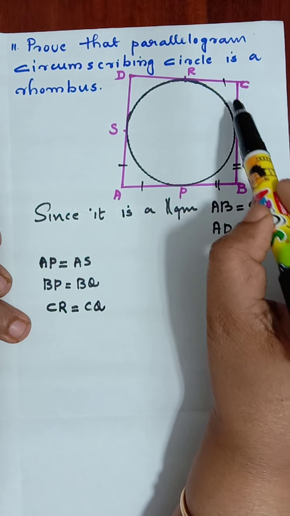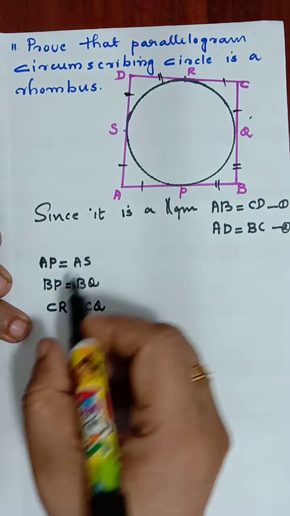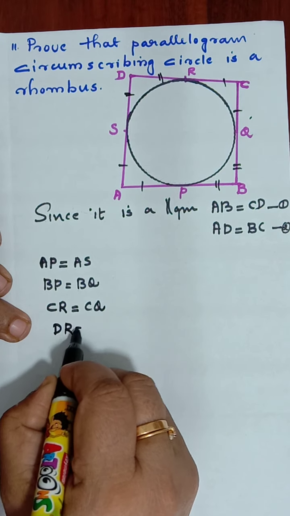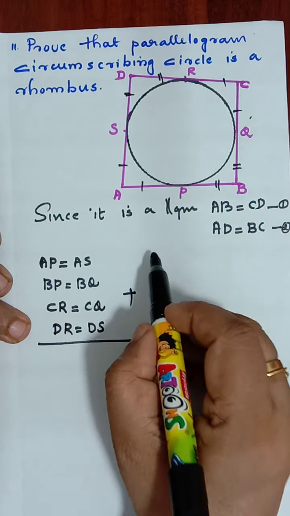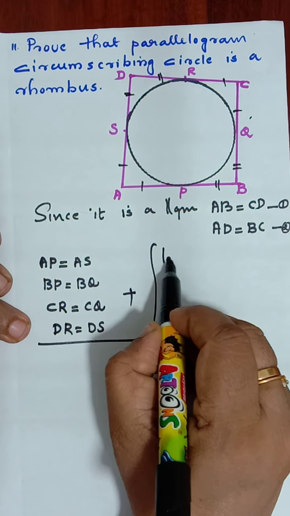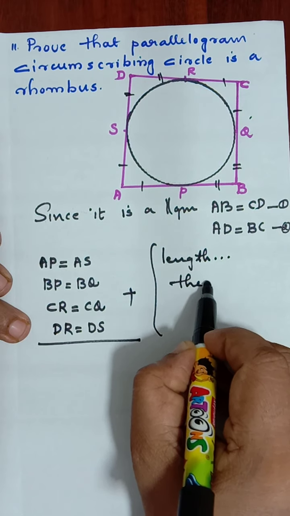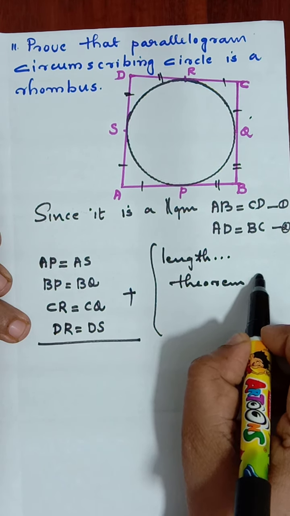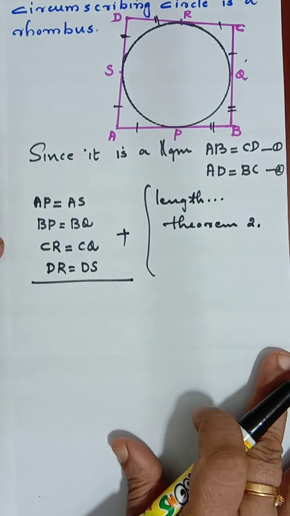Similarly, DR is equal to DS. We are going to add all these. The reason here is the length of tangents theorem, which is theorem number 2. Better you write the statement of Theorem 2 as the reason.